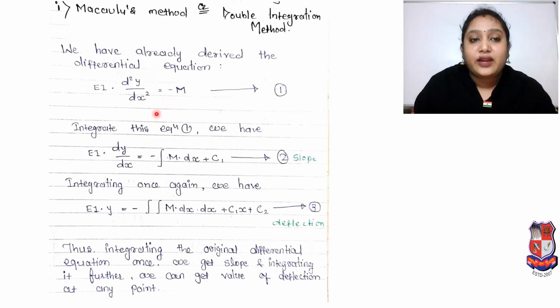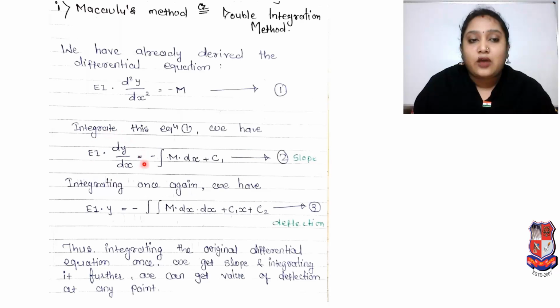We have to integrate equation number 1, so we get EI dy/dx is equal to minus integration M dx plus C1. C1 is a constant which we have to write with the first term while calculating the problem. This is equation number 2 for slope.